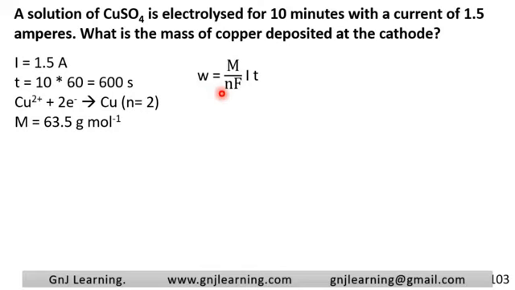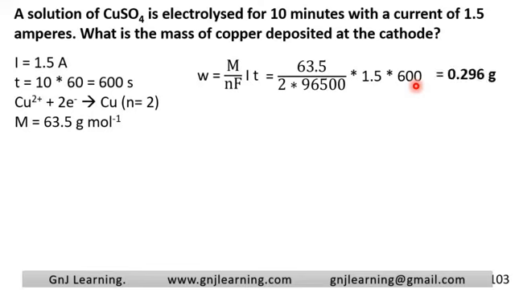So I have the equation here. I have all the variables required for this equation, and simply substitute them. W is equal to, for M it is 63.5, N is equal to 2 into Faraday 96,500, into current 1.5 into time, that is 600, which will be equal to 0.296 gram.